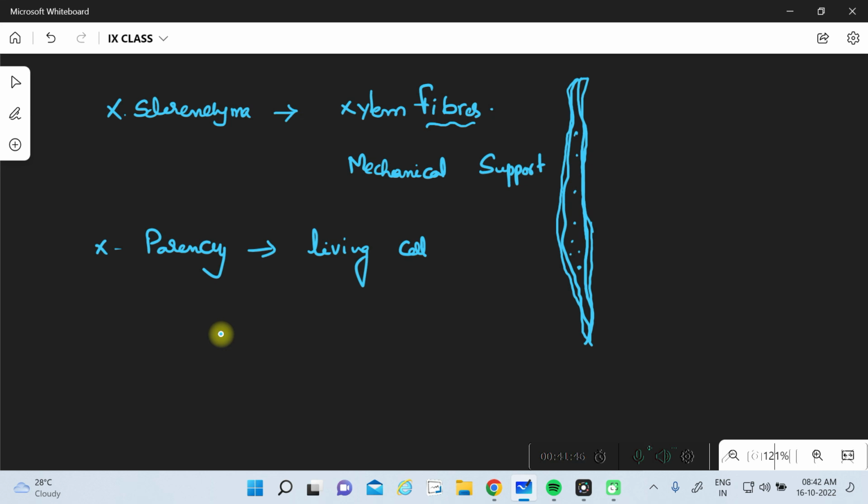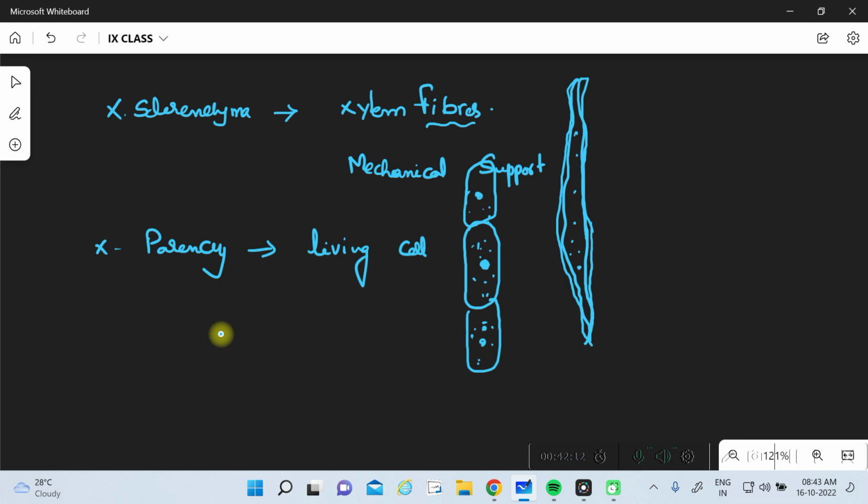Xylem parenchyma cells basically resemble parenchyma cells. In general they are rectangular cells with a nucleus and cytoplasm, like normal cells. Parenchyma cells are present like this in the xylem.